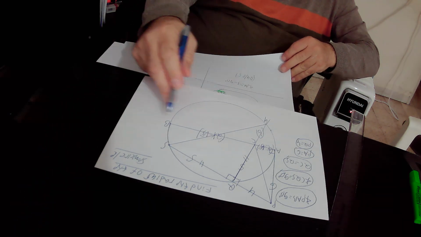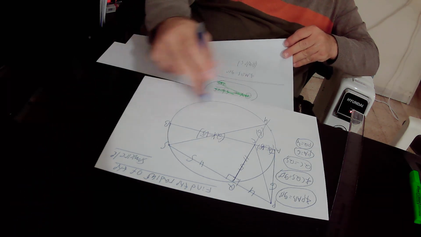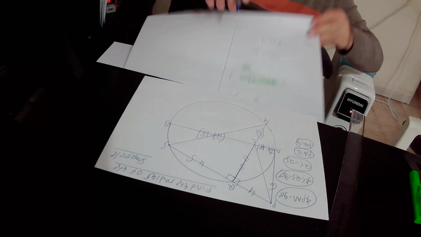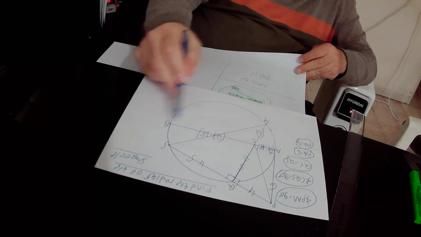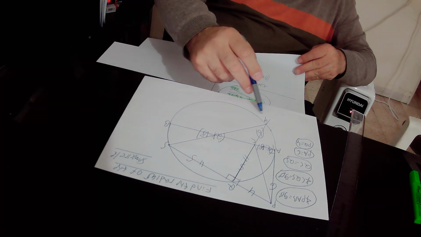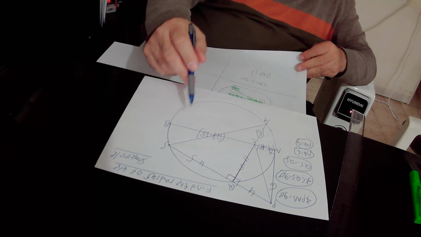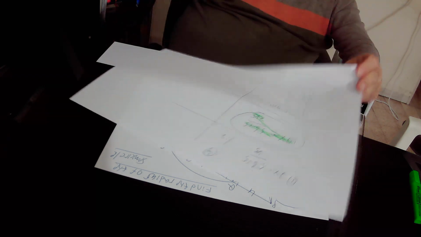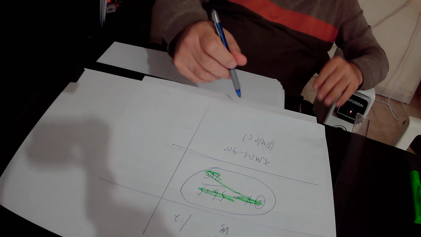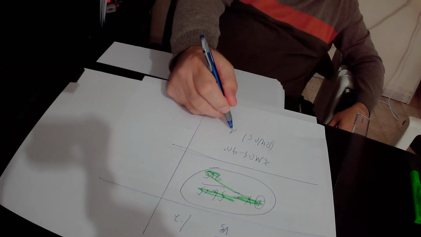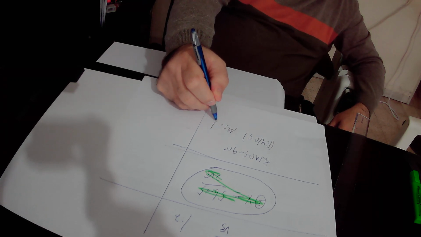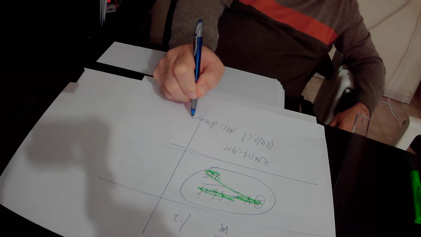That is to say, MS is the diameter of this circle, because peripheral angle MQS rests on MS. Therefore, MS must be the diameter of the circle. So I write it down. According to rule number 5, MS is the diameter of the circle.